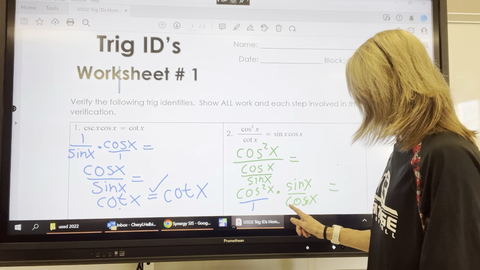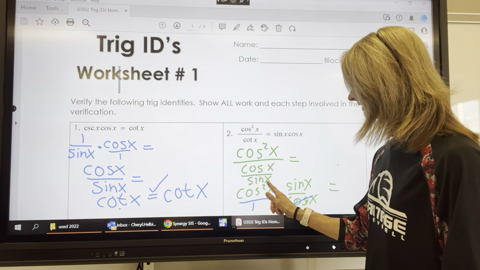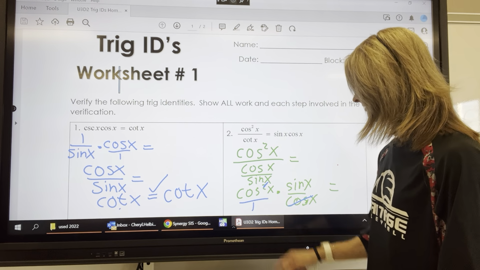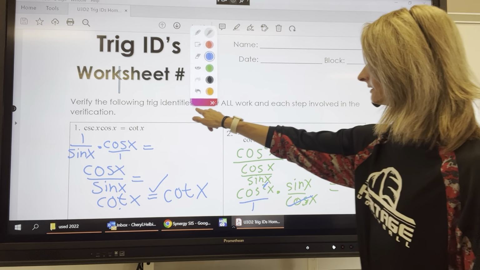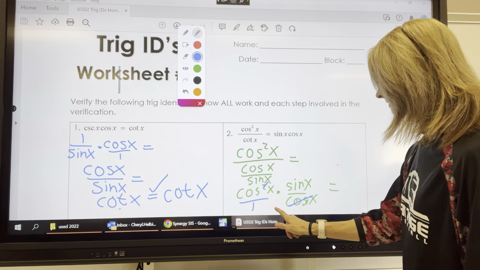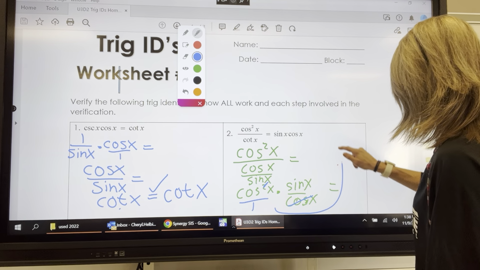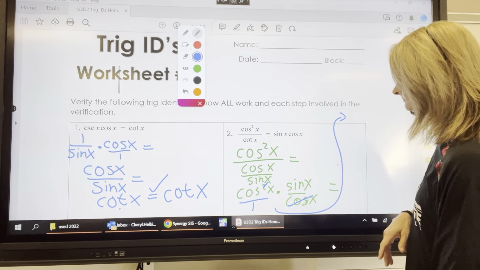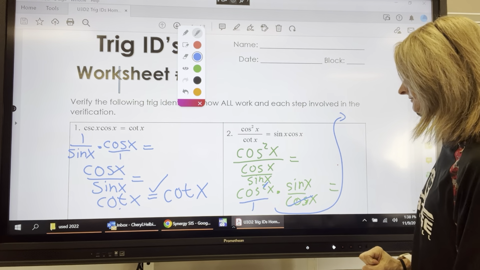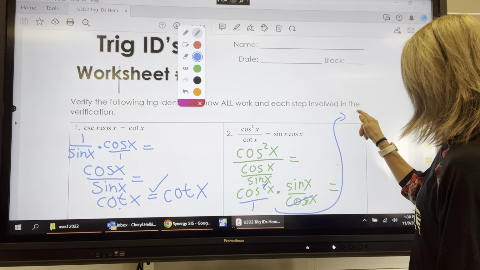So if I cancel one, and I'll just cancel the squared. And now I've run out of room. So I'm going to model what I'd like you to do if you run out of room. Just put an arrow. All right, I'm going to start working here now, down. So I'll simplify what I've done here. This is the cosine of x. You know what?